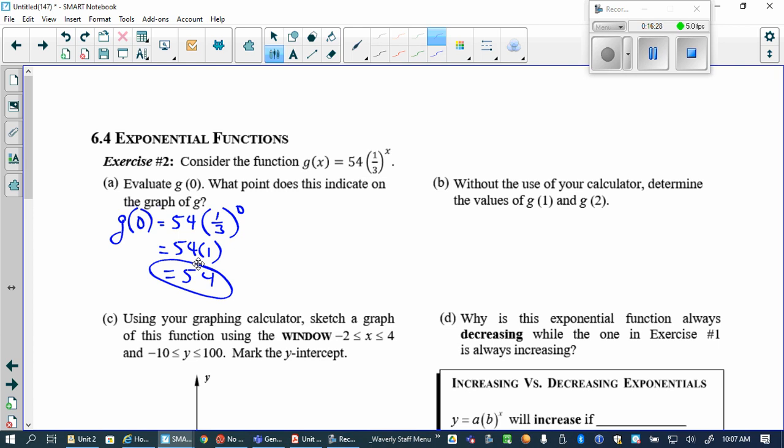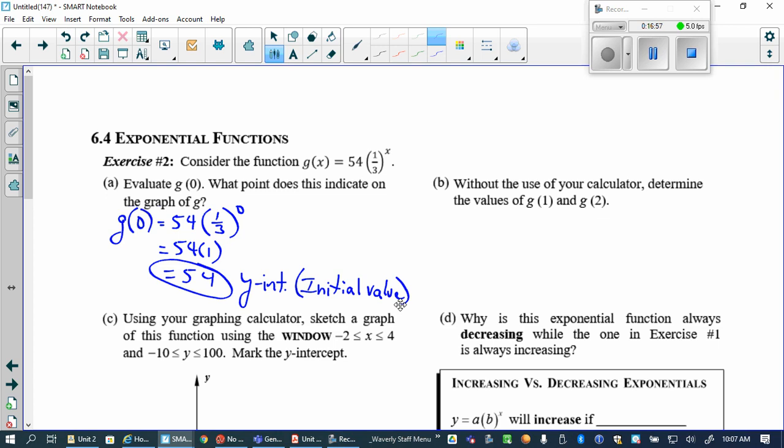That 54 is the starting amount, and we also call it the y-intercept. So anytime you put a 0 in for x into an equation, you get the y-intercept, or the initial value.